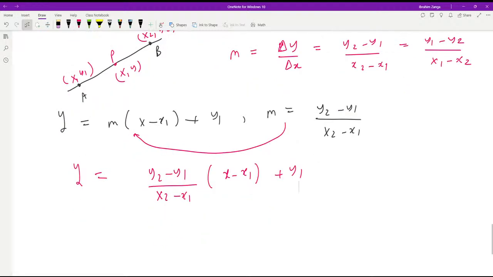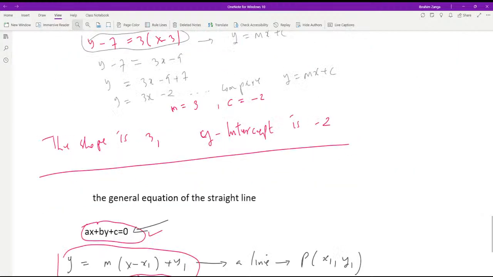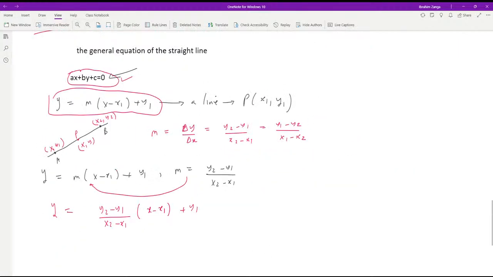It is also possible that you multiply, dear students, by x2 minus x1 on both sides.